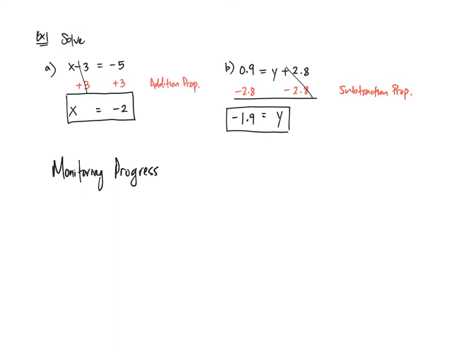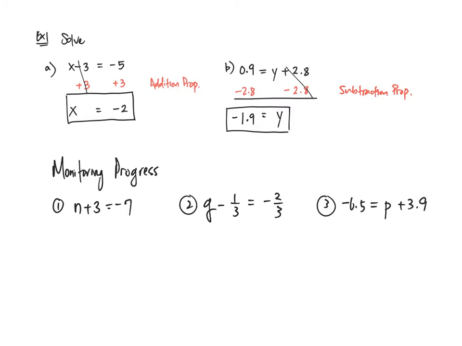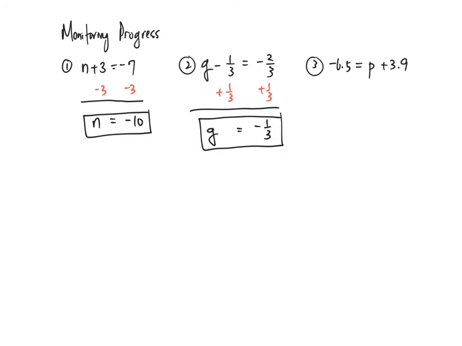So the 3 problems I want you to try are n plus 3 equals negative 7, g minus 1/3 equals negative 2/3, and negative 6.5 equals p plus 3.9. All right, pause the video now, and then when you're ready, continue. Okay, now you can check the solutions. Pause if you need to make sure you got it right. If you got it wrong, look over the steps and see if you can figure out what you did wrong.